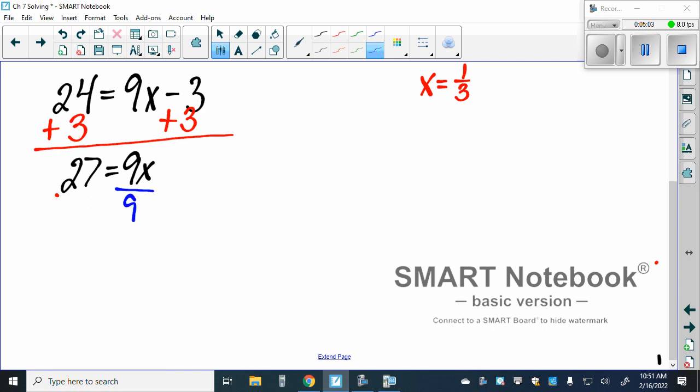Divide both sides by 9, which will tell us that x is equal to 3. And is 3 one of our restrictions? Nope. So, okay, that solution works just fine. Any questions on any of this here?